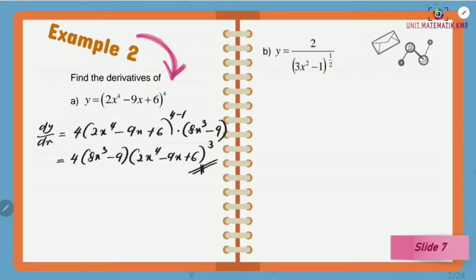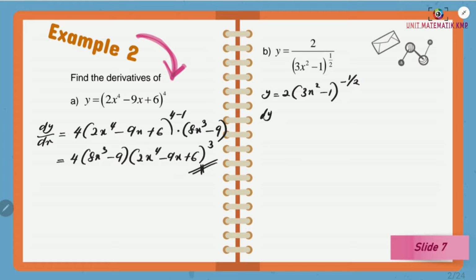Next, example B, given y equal to 2 over (3x squared minus 1) to the power half. We can write y equal to 2 times (3x squared minus 1) to the power negative 1 over 2.